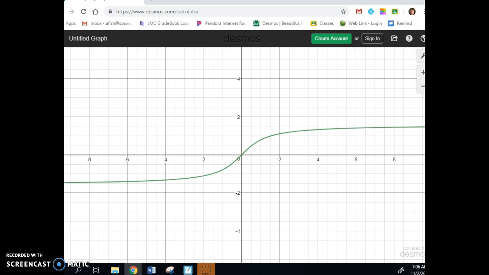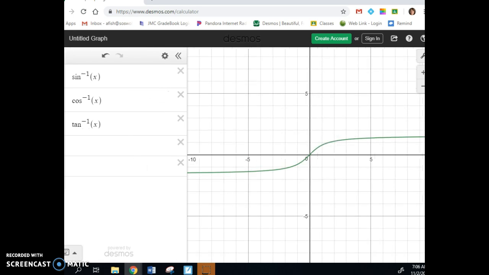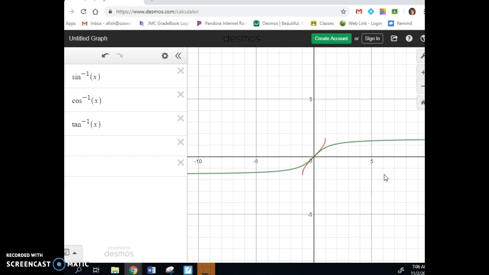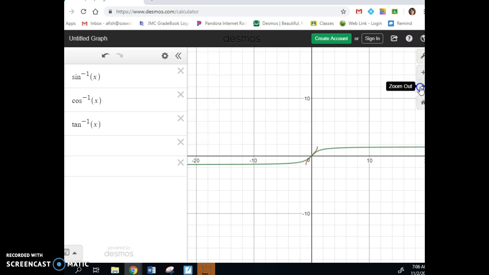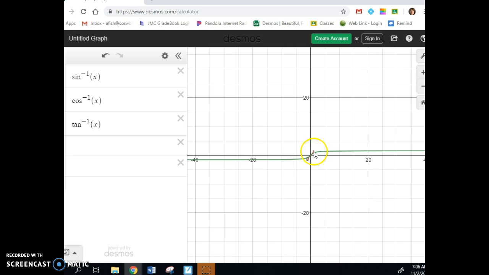But the range, actually, let's pull up the sine. Notice, if I were to zoom out here, the top of this red graph, the inverse sine graph, and the inverse tangent kind of follow along the same y in terms of our range if you look at that from both directions.